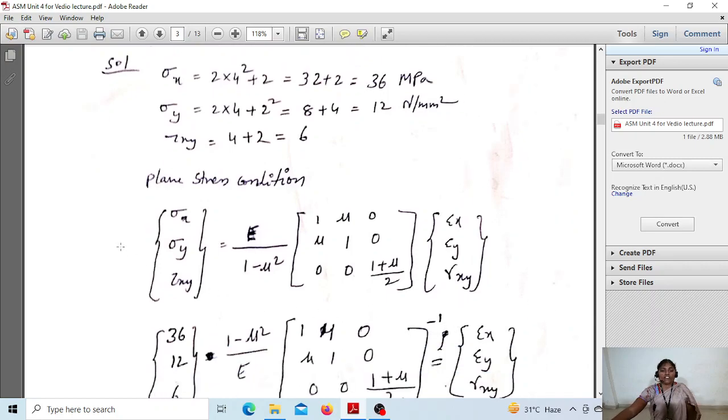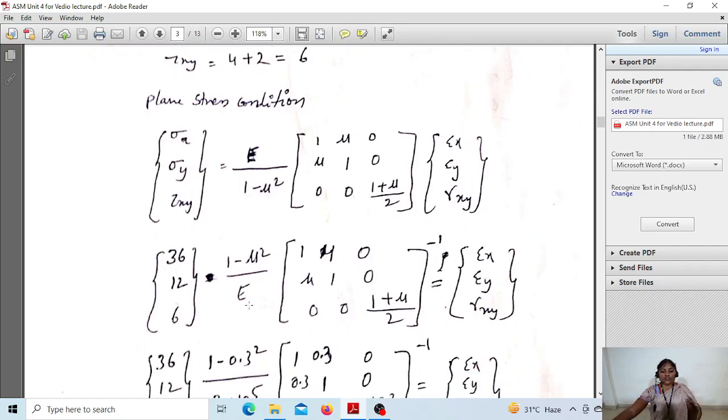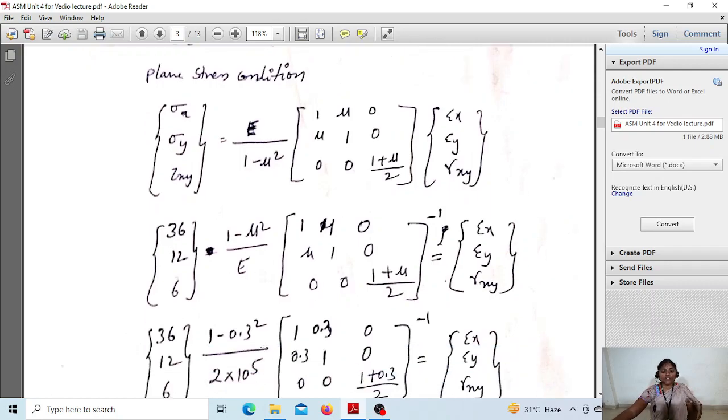Now for sigma x you substitute 36, sigma y 12 and tau xy 6. Mu is Poisson's ratio, all of you know. Poisson's ratio for steel is 0.3, that is known. So instead of mu you substitute 0.3.